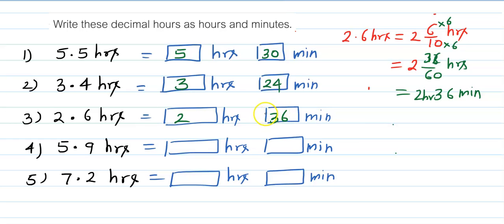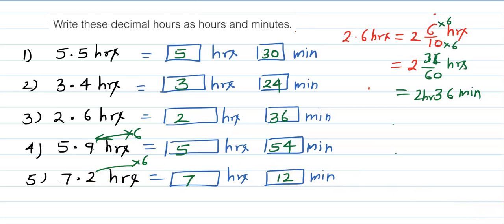Similarly, this one will be 5 hours, and if you multiply by 6 here, 6 times 9 is 54 minutes. Just straight away you can multiply by 6. Similarly here, you multiply by 6, so 7 hours and 6 times 2 is 12 minutes.